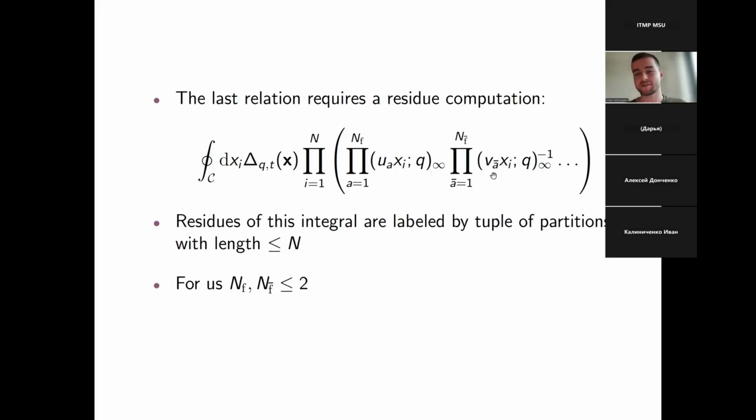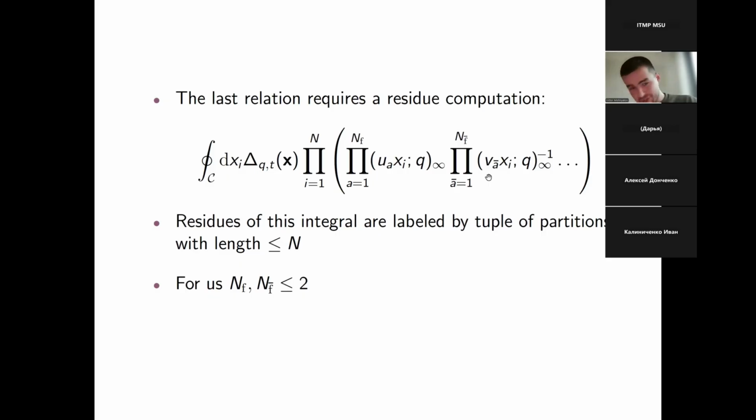These are Pochhammer symbols, so they're infinite products, hence there's an infinite number of poles really. But there are also zeros and poles in this delta QT factor, which can cancel some of the poles here. So there's a bit of a complicated count, but eventually it works out.